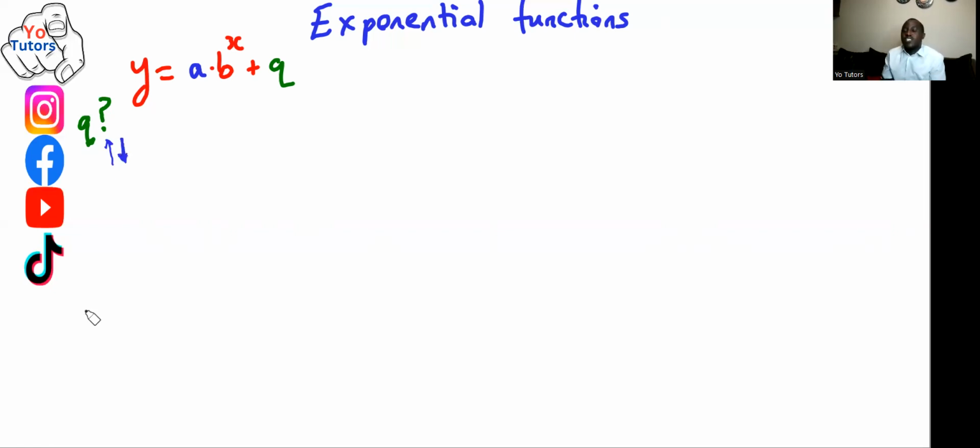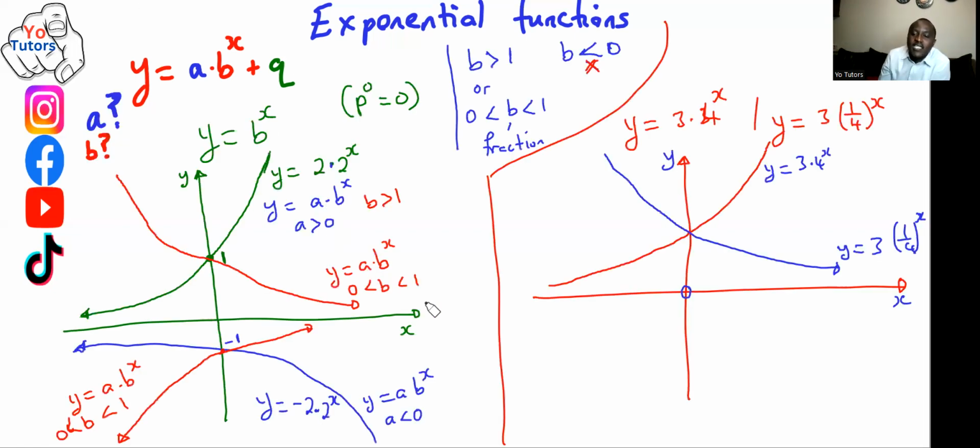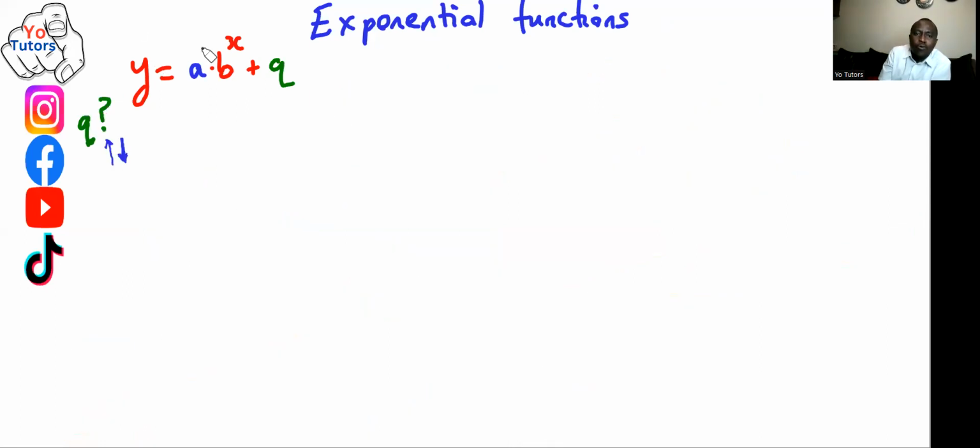You have seen q as a vertical shift from the linear functions, quadratic functions, hyperbolic functions, and now exponential functions. We are just doing the shift. Remember on the previous slide, the asymptote is y equals 0, meaning you are talking of the x-axis. But when we have a q now, our asymptote will change.